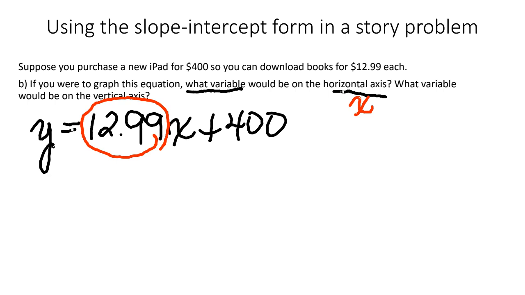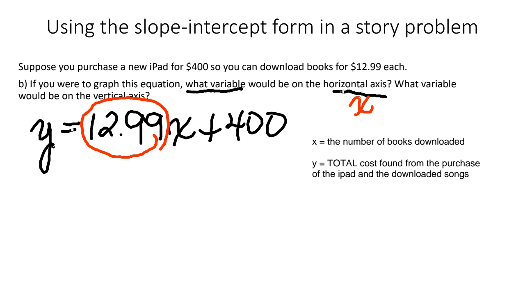And it's really the total cost. And you're going to say, why total? Well, what does this plus mean? Total cost. So the y would be the total cost. That's what this C is. And remember, that was the capital C that we used. Total cost. And total comes from the fact that we're adding.